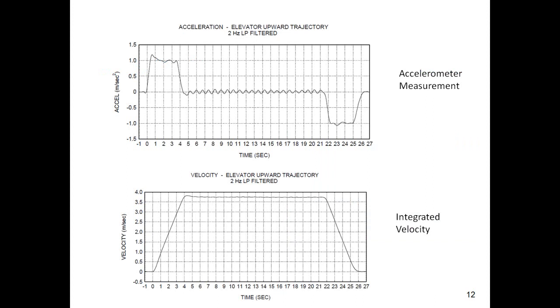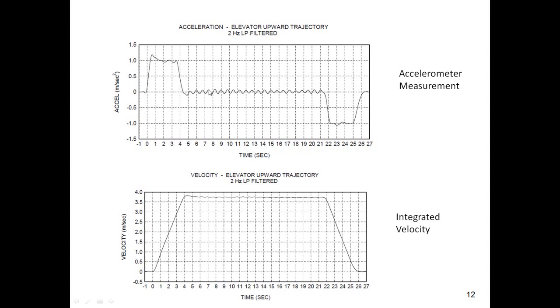So this is the elevator upward trajectory, and the y-axis for the top graph is meters per second squared. The x-axis is time in seconds, and you can see at the onset the acceleration gets up to about 1 meter per second squared, and then the acceleration persists for about 4 seconds.